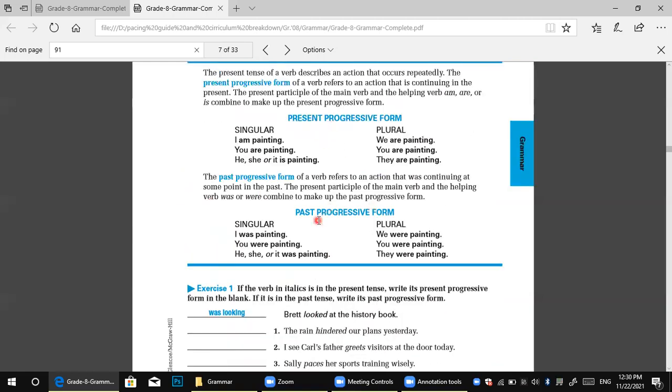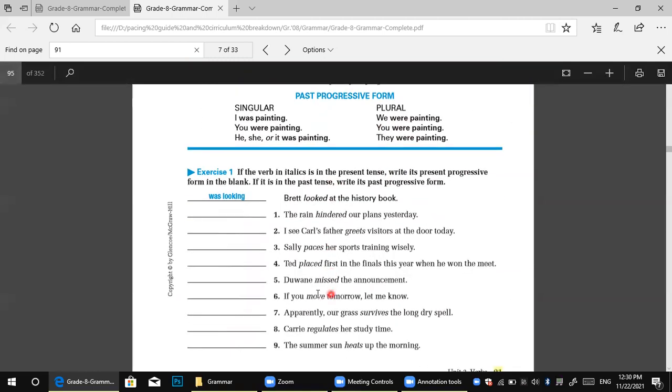As we said, past: I was, you were, he, she, it was, we were, you were, they were. Okay, so here: the rain delayed our plans yesterday.